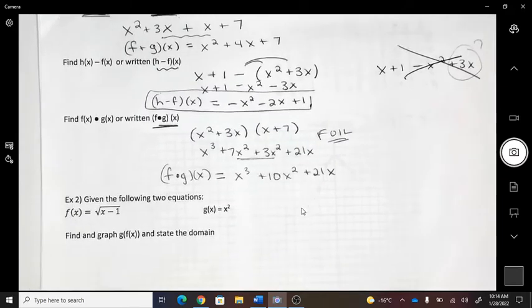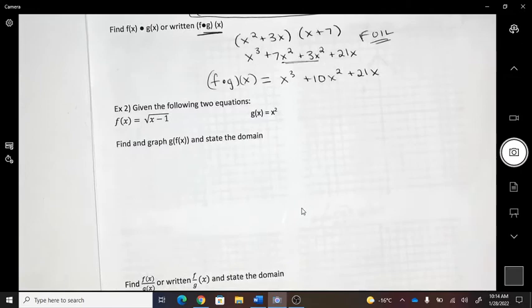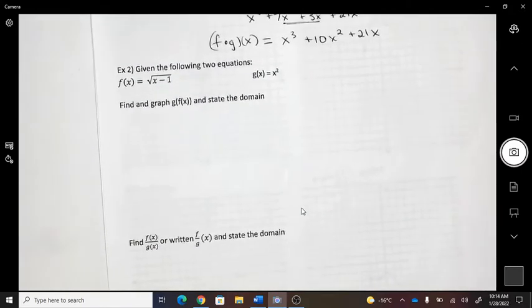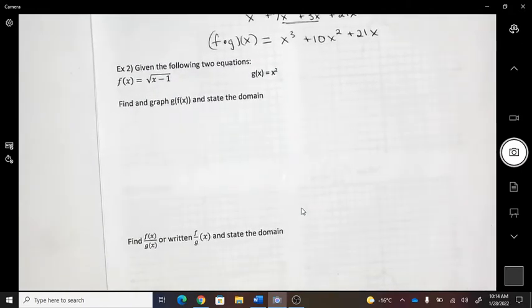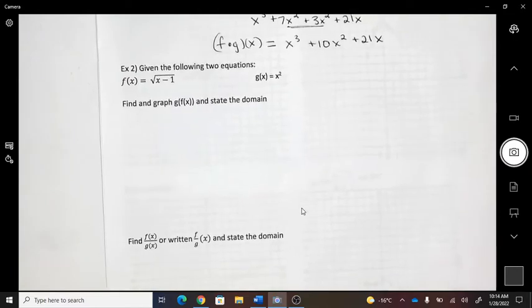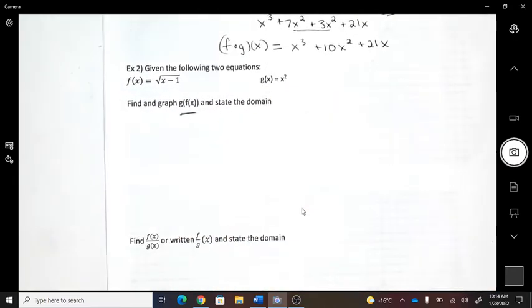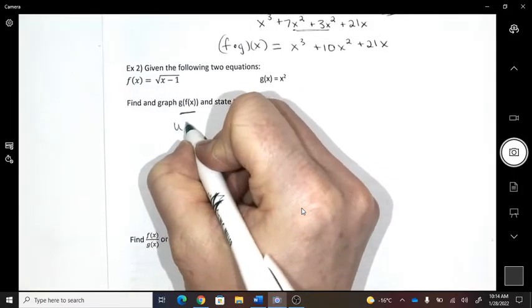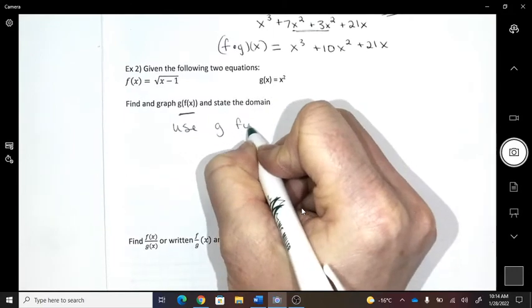Okay, next question. There's our two equations. Find and graph g of f of x. So this is a composite function. Okay, so it means we're going to use the g function.